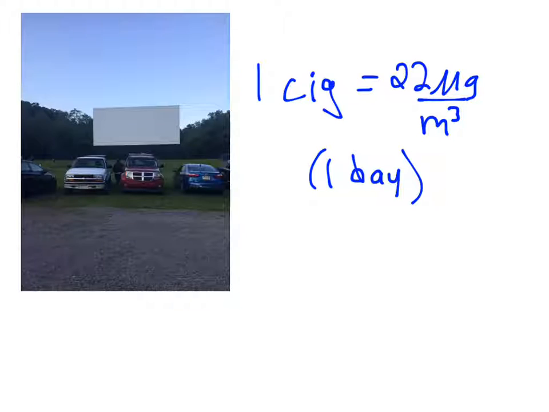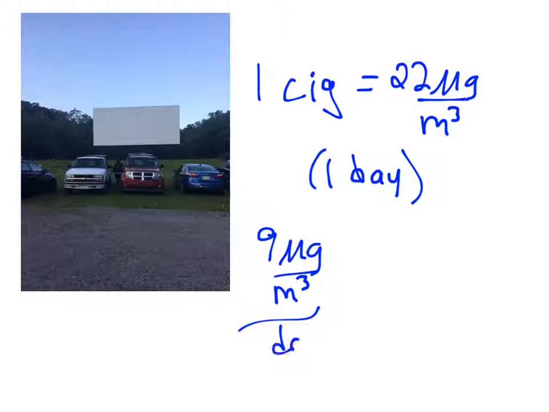If you look at world pollution levels, the pollution in the U.S. on average is about 9 micrograms per meter cubed per day, which would be the equivalent of smoking about 4/10 of a cigarette per day.